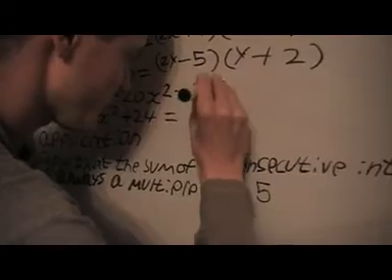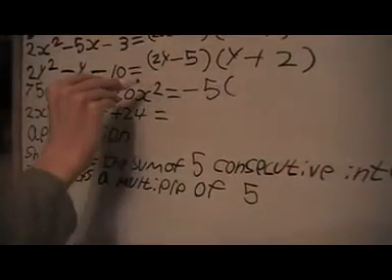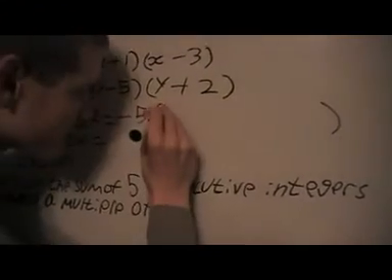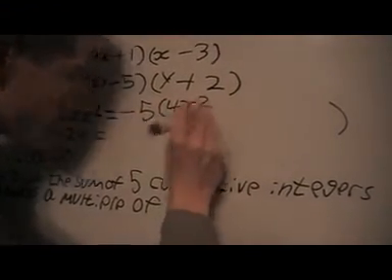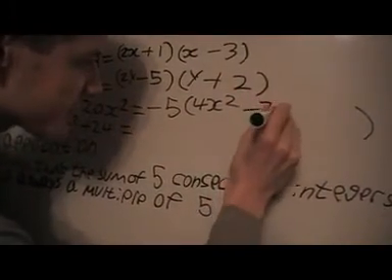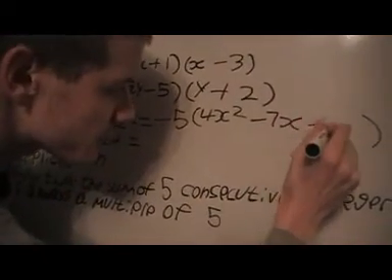Then we can make this a plus. So if we take -5 out as a factor, we're going to be left with 4x squared minus 7x minus 15.